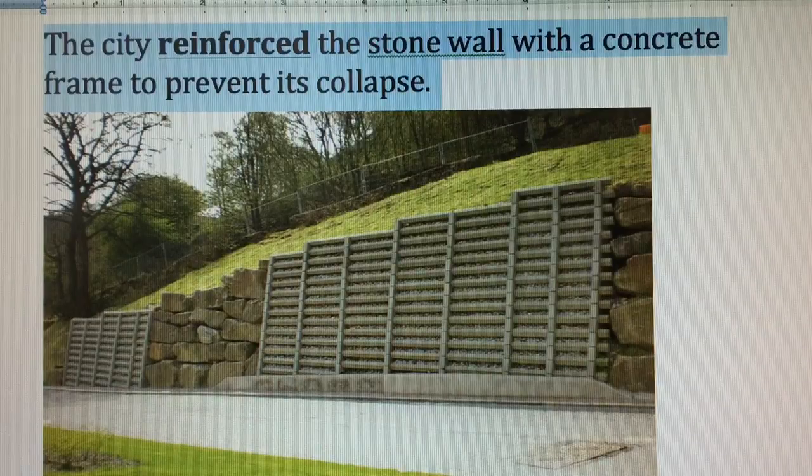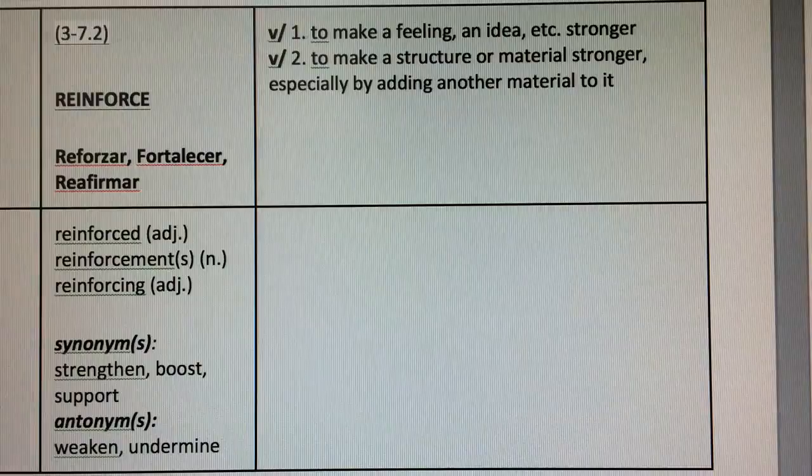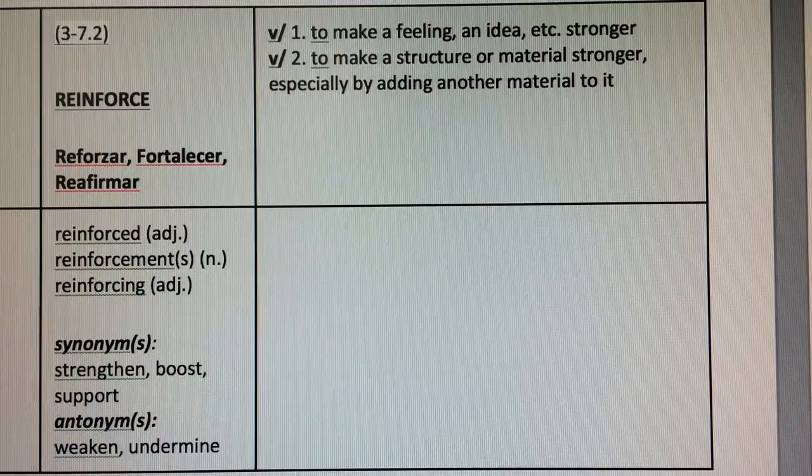Okay, let's look at the familial words. You have reinforced. Reinforced. Something that's reinforced is something that's made stronger. So you can say the reinforced wall or the reinforced idea. Reinforcements or reinforcement. That's the thing that you're adding to make it stronger. And reinforcing, the adjective form, also uses a participle.